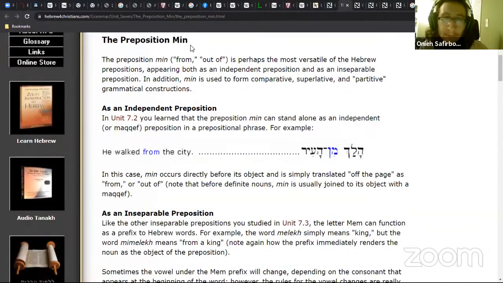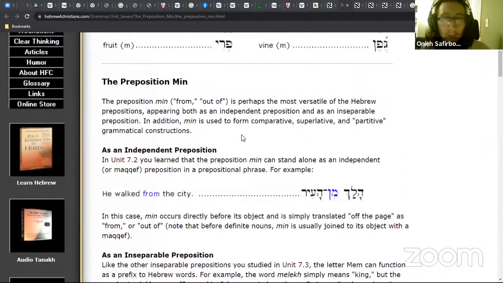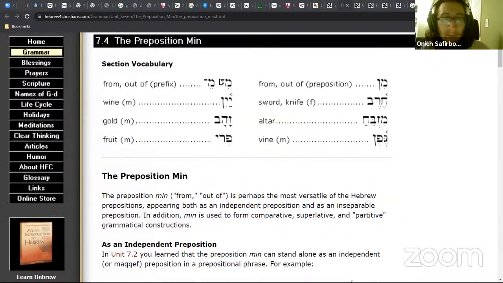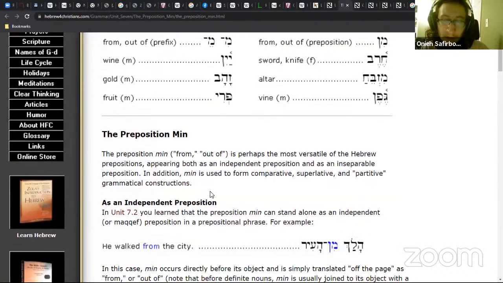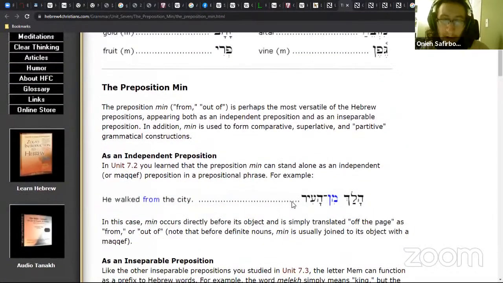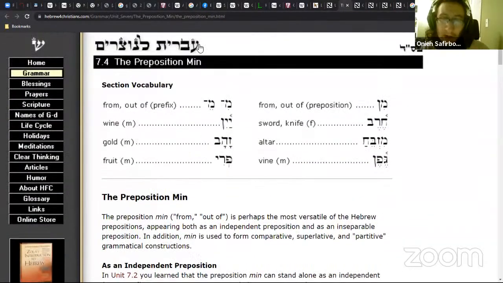Let's see here. So normally you use mem at the beginning of a word to mean from. It can also mean out of. However, there is evidence, according to scholars, that the mem prefix actually originally comes from the mem noon prefix.